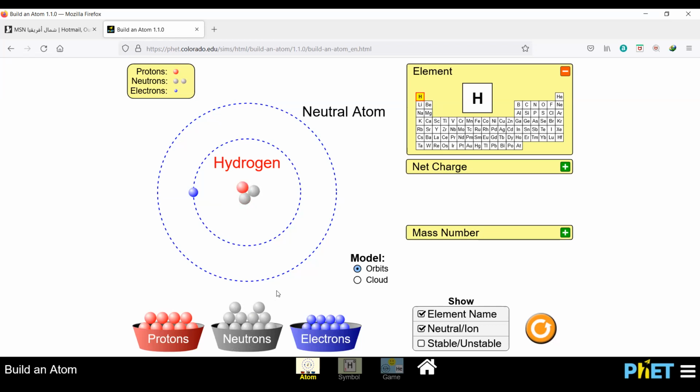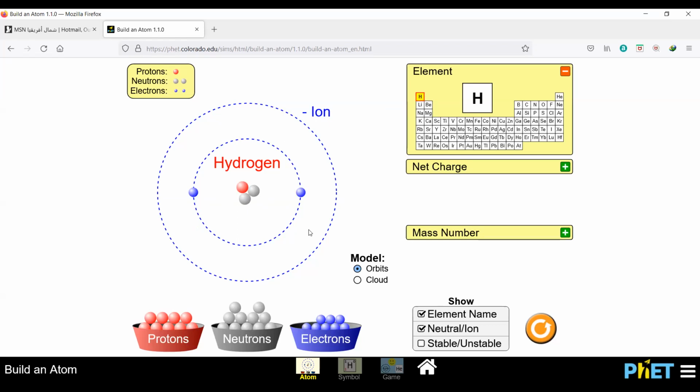These neutrons don't have a charge, they have a neutral charge. Neutral particles mean uncharged. So inside the nucleus I have positive protons and neutral neutrons, not charged. This is inside the nucleus. Outside, I have negative electrons. These electrons are negative.